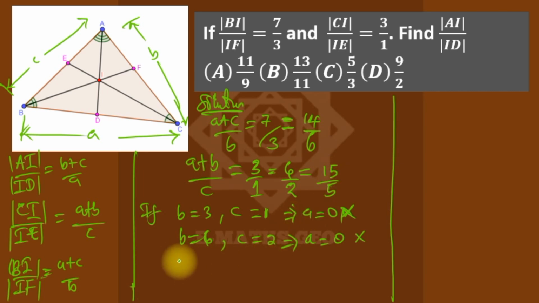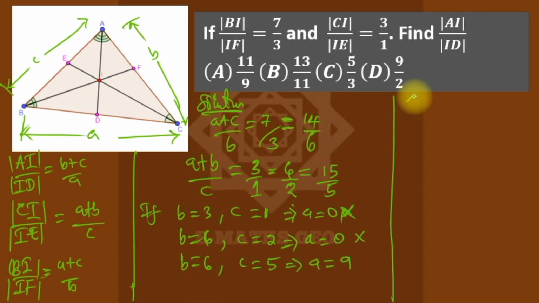If b is 6 and c is 5, meaning that a is 9. So let's test. Let's know whether it's correct.